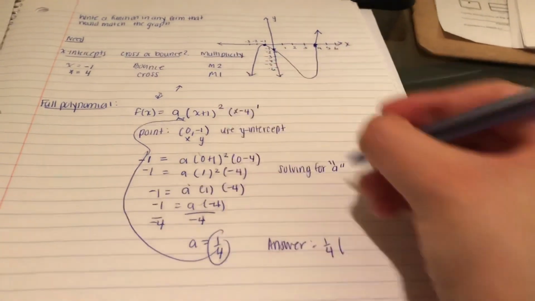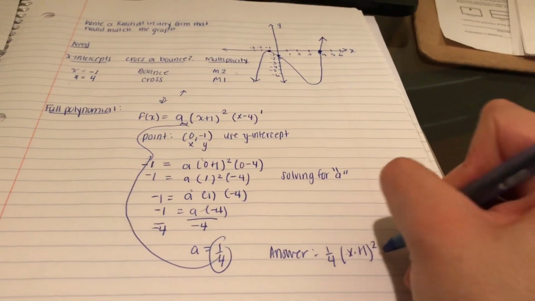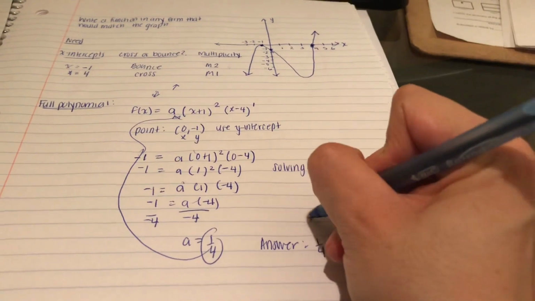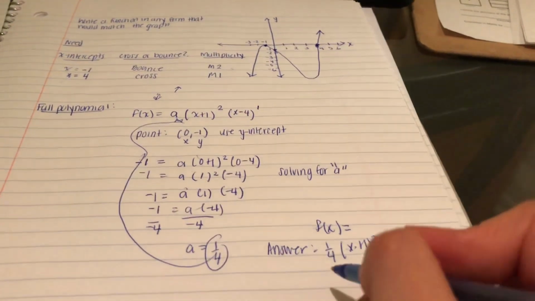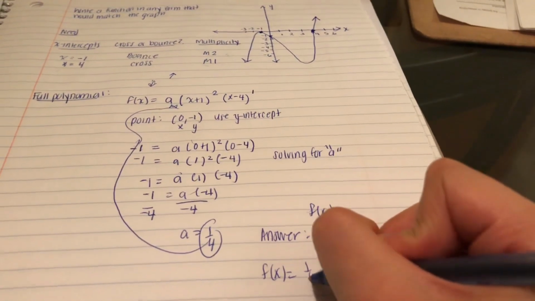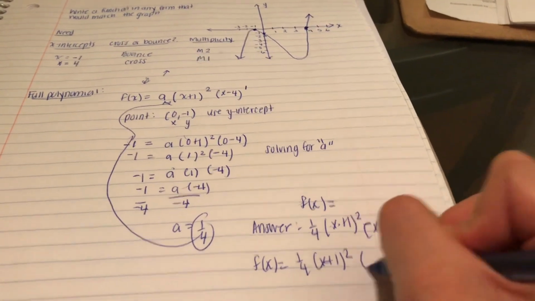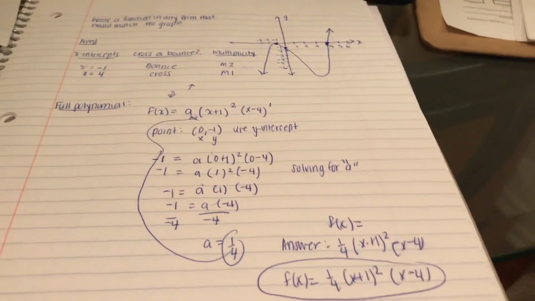So my answer is 1/4 times x plus 1 squared times x minus 4. Don't forget to put f of x equals. So it's f of x equals 1/4 times x plus 1 squared times x minus 4. Okay, that is my answer.